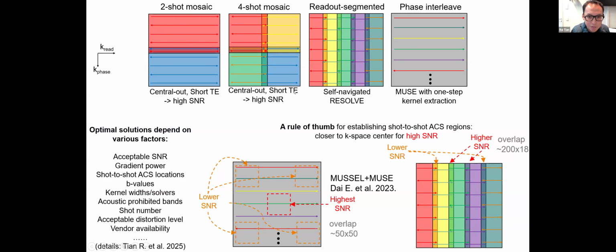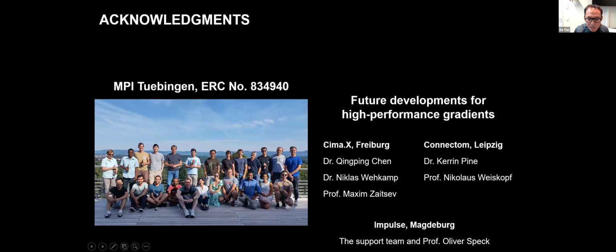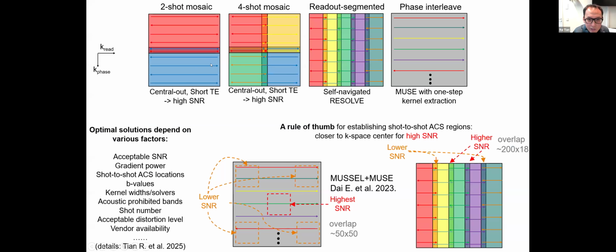They are center out, so they have very short TE. And that means they have very high SNR, which is very helpful for high b-value scans. They might not be that optimized in terms of the distortion levels, but we don't know if this high performance gradient can somehow reduce the distortion problems for those sequences, and then you would have much higher SNR for high b-value scans.